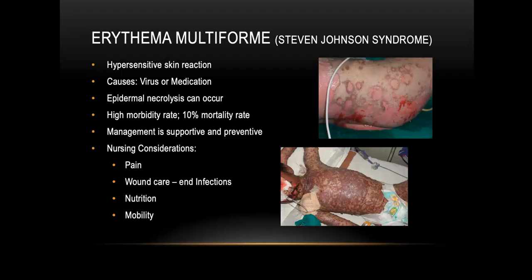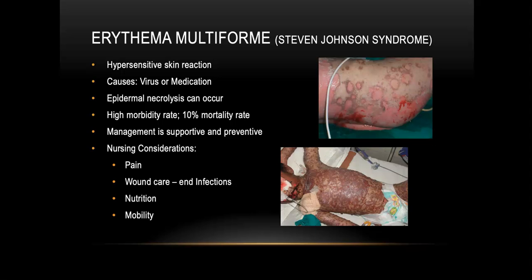It does clear up. Their skin grows, the inflammation stops, but usually they have to go through some type of rehab because their mobility is altered, and they just have to get their strength back. So the high morbidity rate, as you see there, is one of the bullet points, is because they are increasingly at risk for infection.